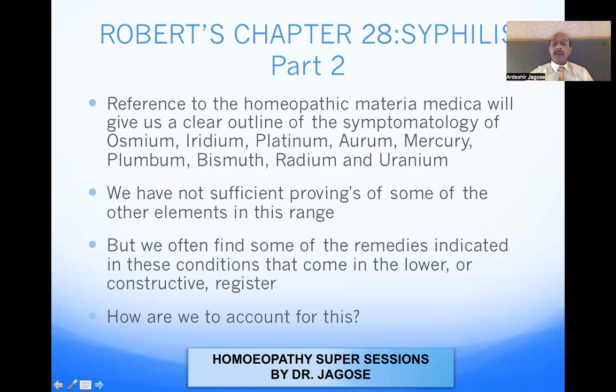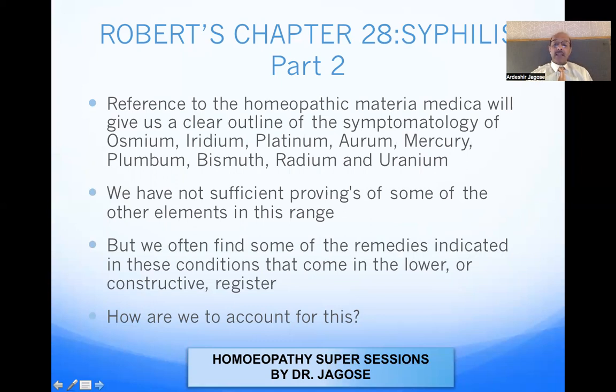Reference to the homeopathic materia medica will give us a clear outline of the symptomatology of osmium, iridium, platinum, aurum, mercury, plumbum, bismuth, radium, and uranium. We have not sufficient provings of some of the other elements in this range. So he says that no doubt the symptomatology is there, but the proving is not sufficient for some remedies.